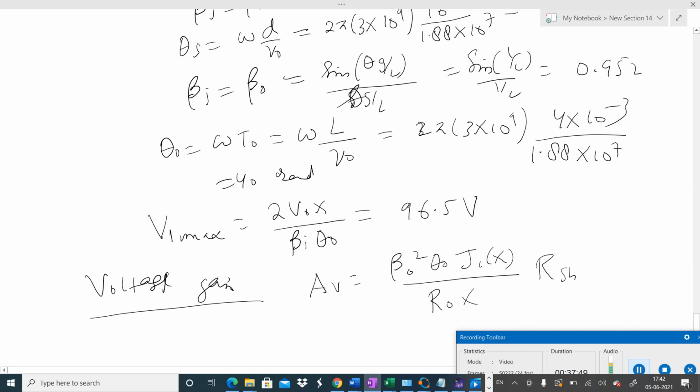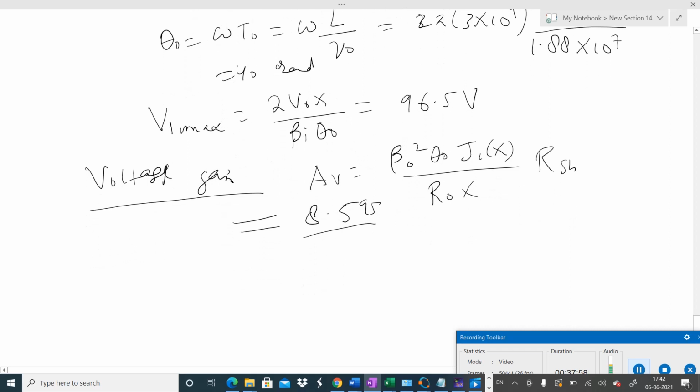You can just plug in all the values and compute it. It will come out to be 8.595. So this is the amplification, the voltage gain we are getting. Almost 8.58 times we are getting the voltage. You can also find efficiency. Just plug in the formulas. You will get 46.2%.